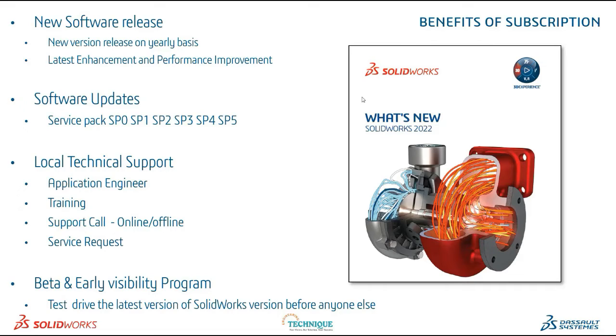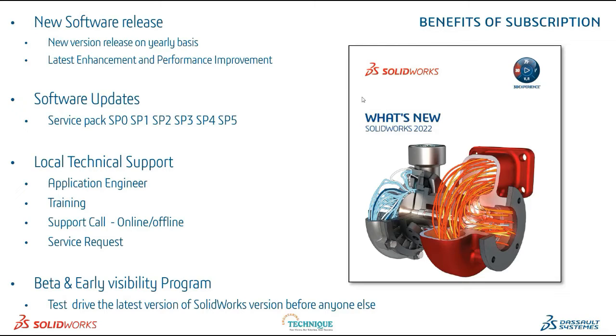Then next is the beta and early visibility program. Beta is something where, if SolidWorks is going to launch any new version, before that version comes into the market, they will give that version to the VAR or to customers who are already using SolidWorks or who are already on the latest platform.